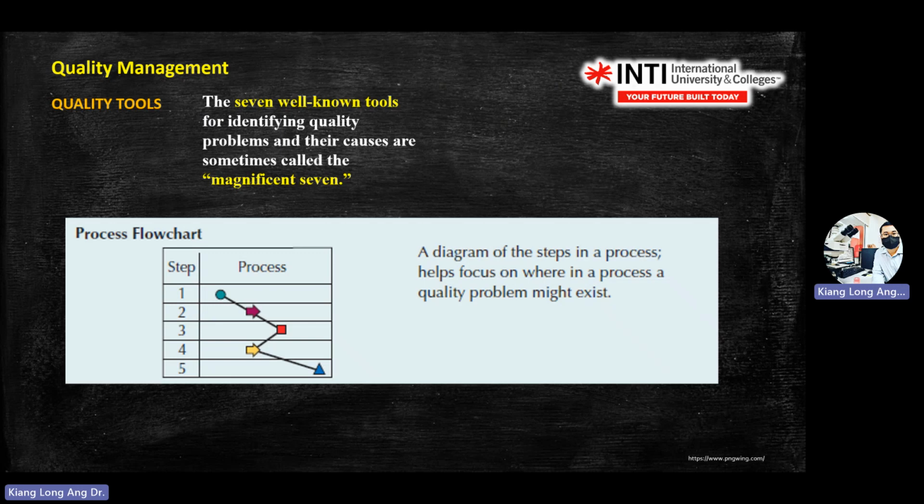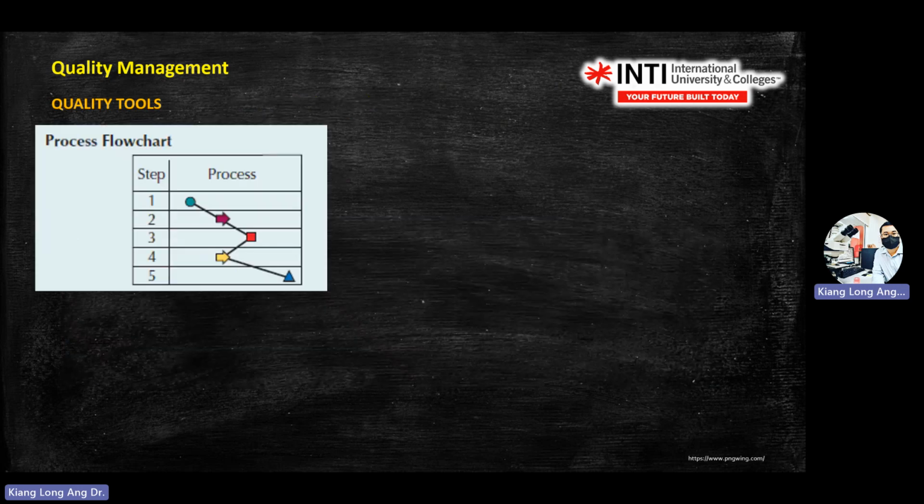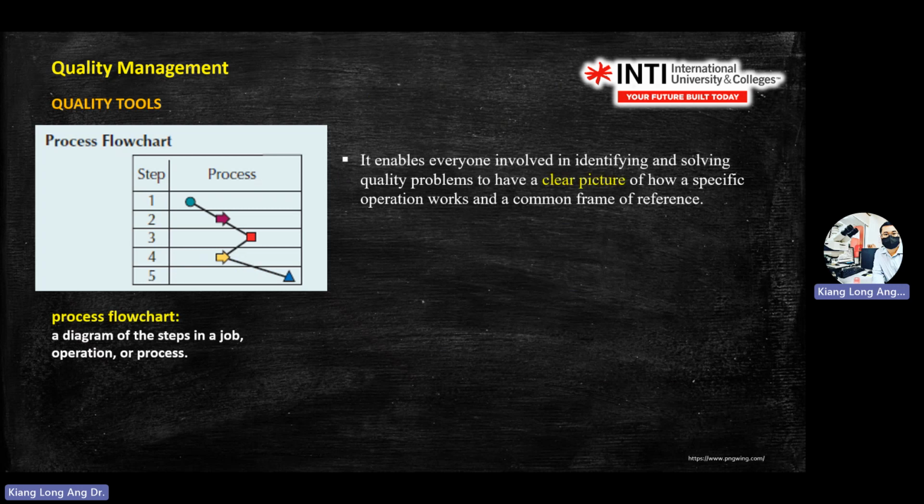Nowadays, all the software can plot this chart for you already. It can even detect where the errors are or what areas you can improve. Nowadays, the software is very advanced. So first, the process flow chart. If you summarize all the textbook explanations, what is the benefit of a flow chart?